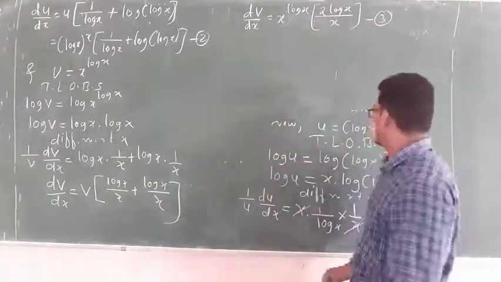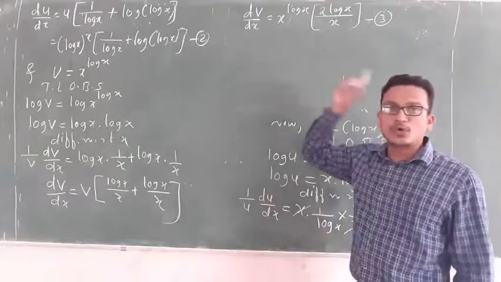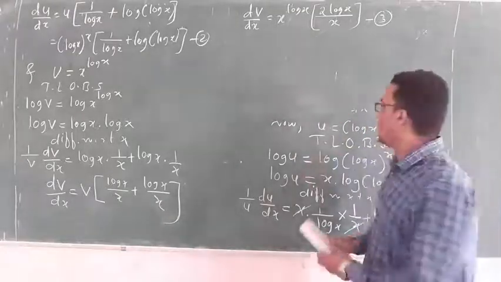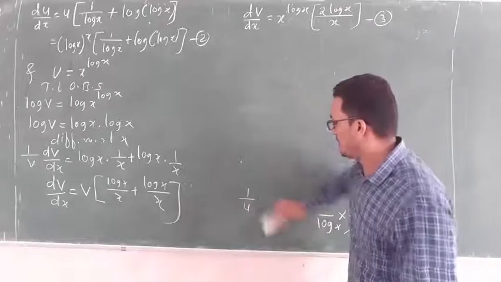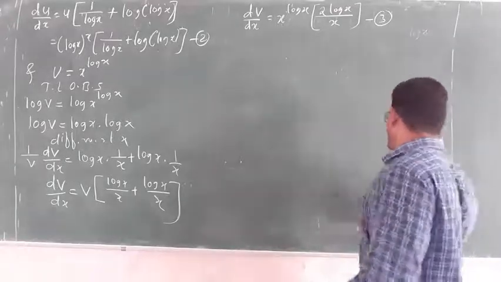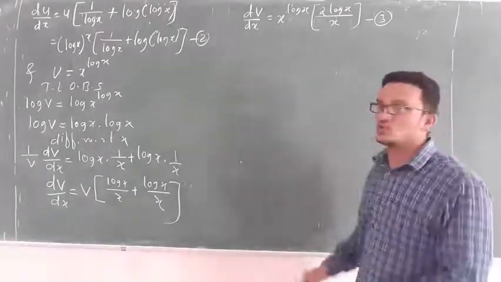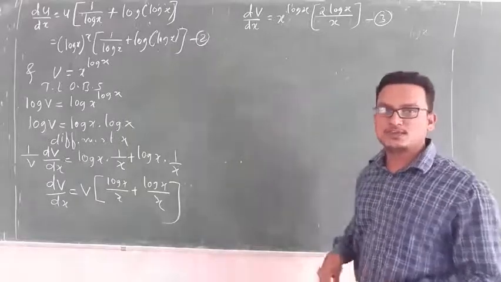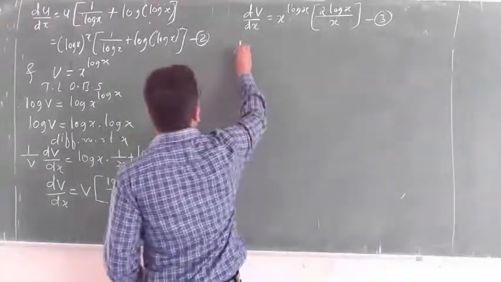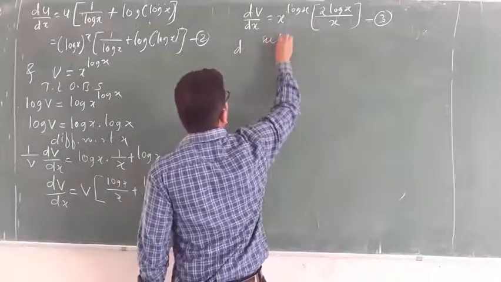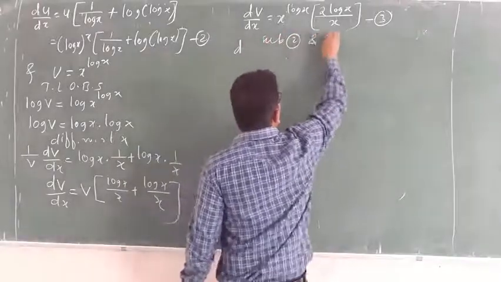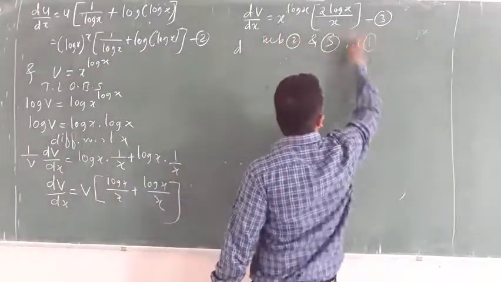Now we have to substitute equations 2 and 3 in equation 1. What is your equation 1? That is dy by dx is equal to du by dx plus dv by dx. So substitute 2 and 3 in 1.